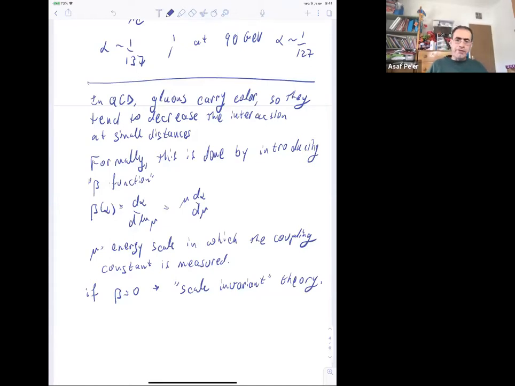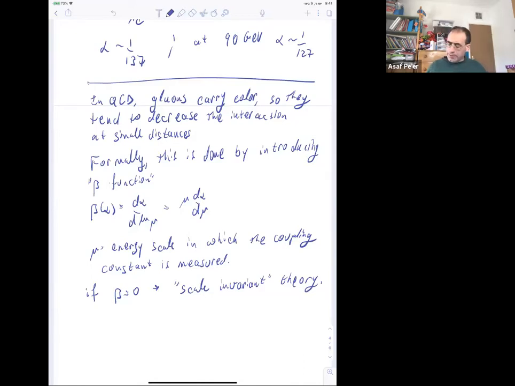So given a specific model that describes the interaction, we can calculate beta for that model, right? Remember, the model is derived from the Lagrangian, from the symmetries of the Lagrangian. So we can do the calculations numerically or iteratively.